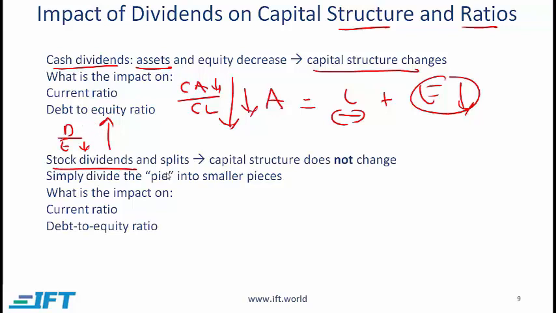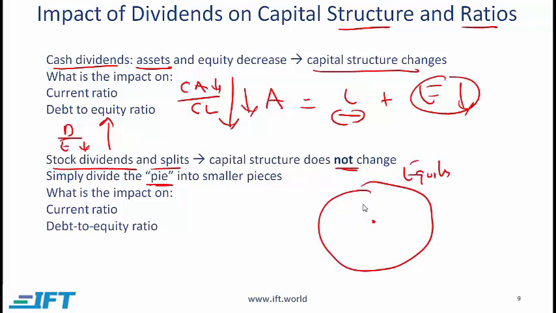With stock splits and stock dividends, the capital structure does not change. We simply divide the pie into smaller pieces. The pie is the total amount of equity. You can think of each slice of the pie as one share. If we have a 2-for-1 split, then all that means is that you take a given slice and divide each slice into 2 pieces.